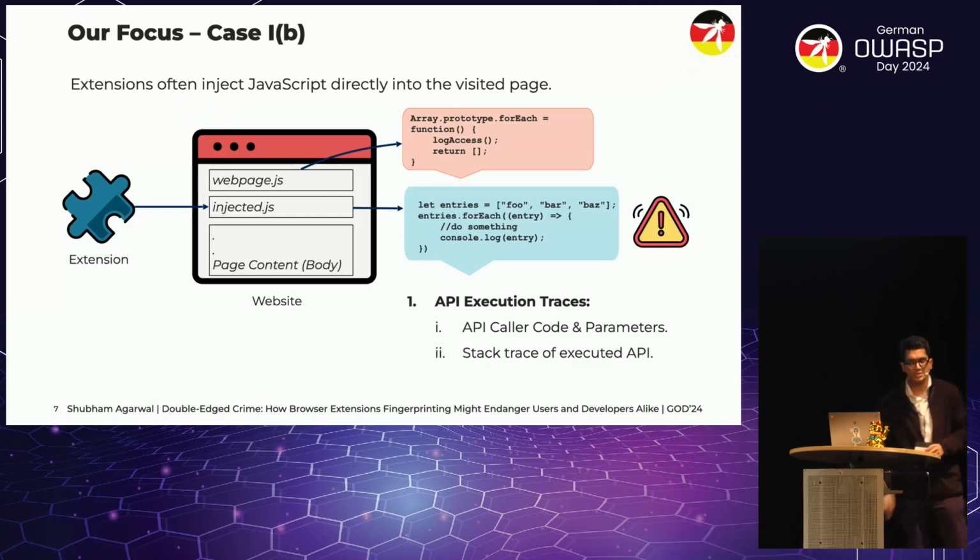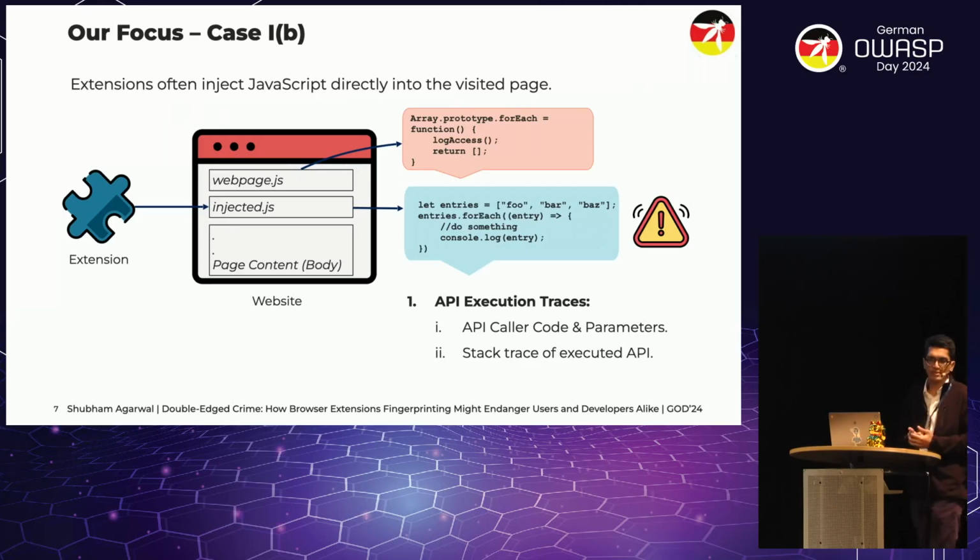What could you do when you overwrite an API? What does it allow you to see? How do you capture invocation fingerprints? The overwritten definition allows you to capture the caller code and the parameters. For example, in this case, we see foo, bar and bars passed as the entries, which are the parameters. Of course, you can capture that, right?